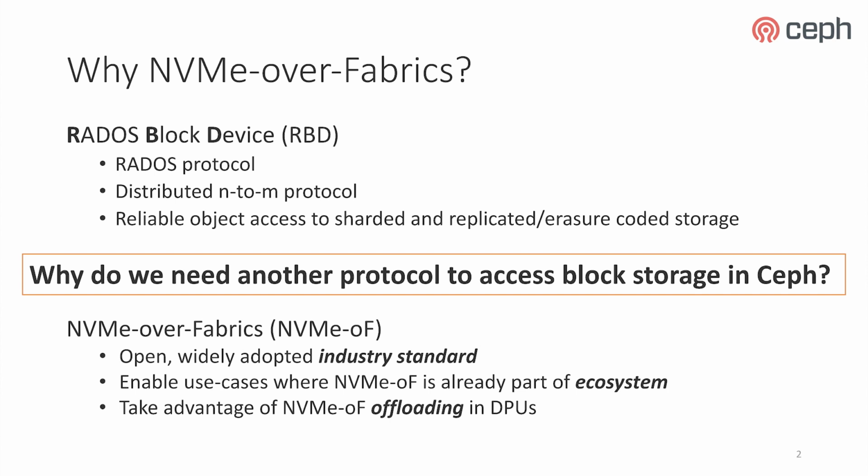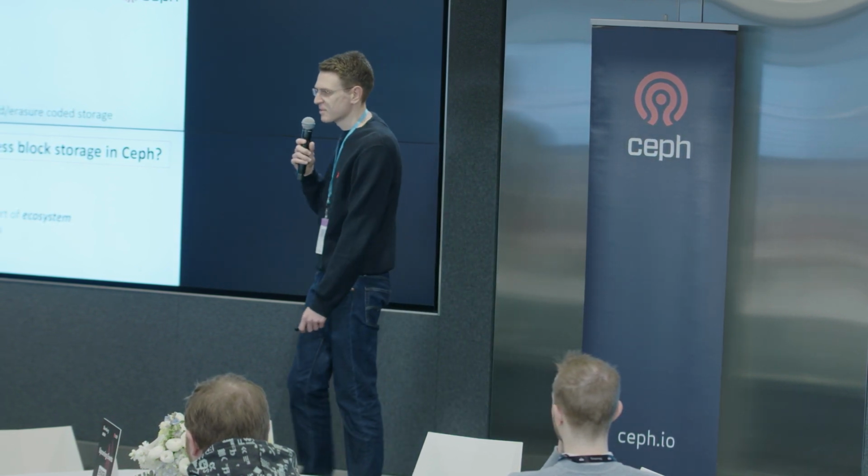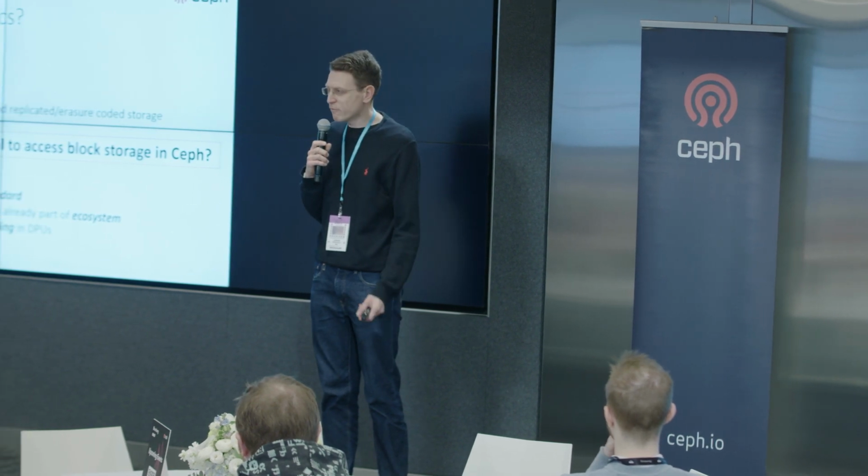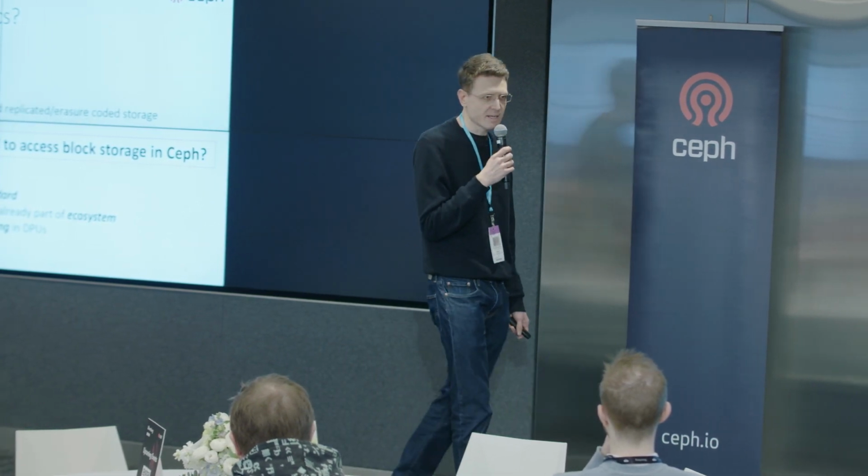Well, for one thing, NVMe-over-Fabrics, as just mentioned, is more and more widely used. Everyone is using it. It's kind of the de facto standard to access remote block storage. And if you already have a storage environment where you run NVMe-over-Fabrics, right, it's kind of natural to integrate other systems like Ceph storage systems with NVMe-over-Fabric.